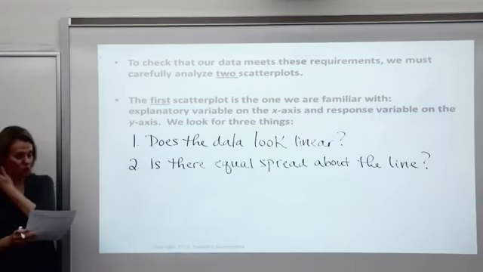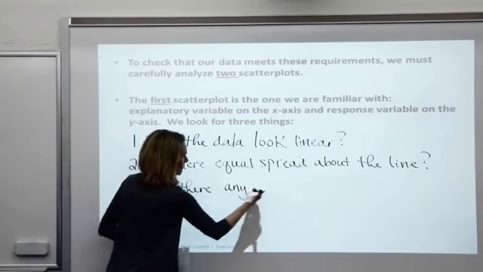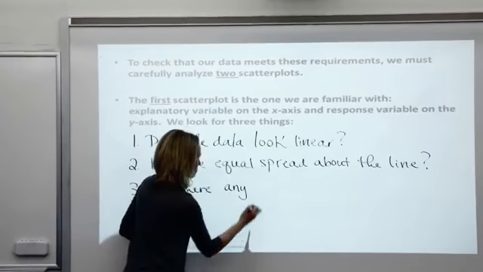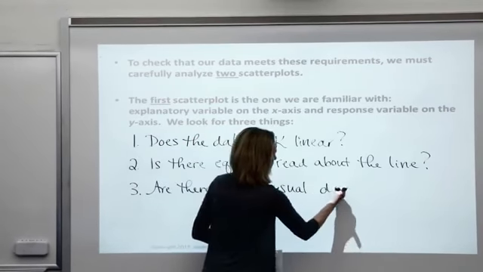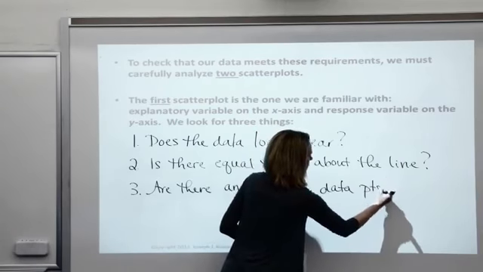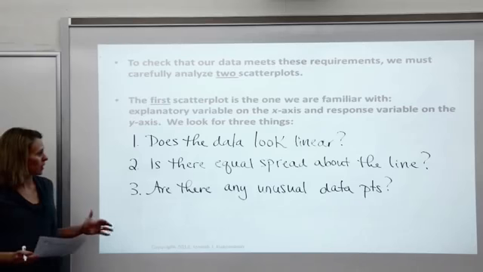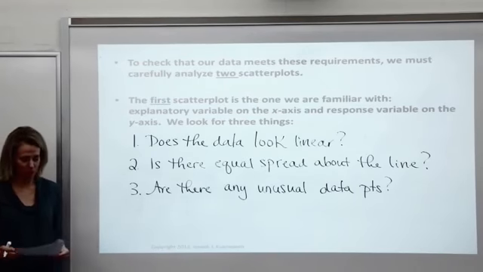And then third, are there any unusual data points? So we're going to look at our regular scatter plot that we've traditionally looked at, and we're going to try to answer that series of questions.